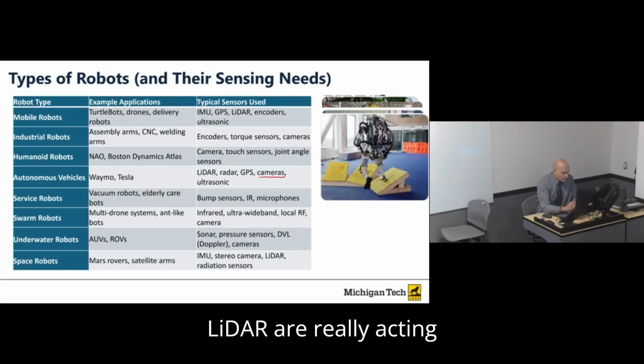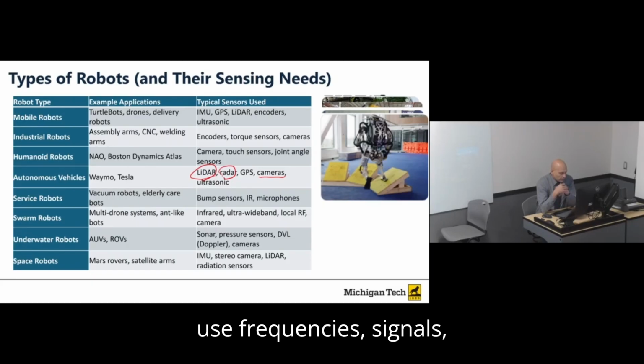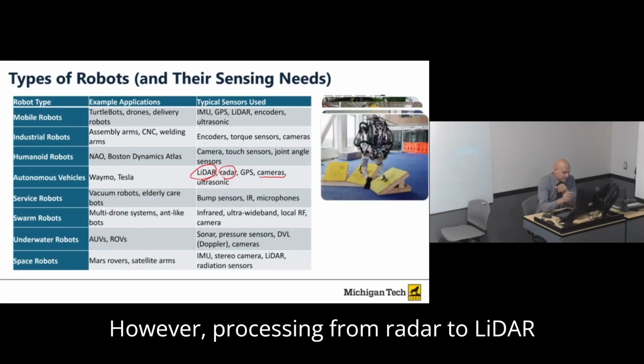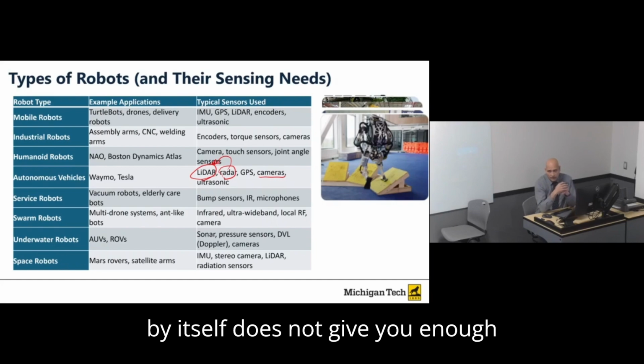Radar and lidar act very similarly. Some use radio frequency signals, some use light to get distance. However, processing from radar to lidar is very complex. Lidar by itself does not give you enough information.